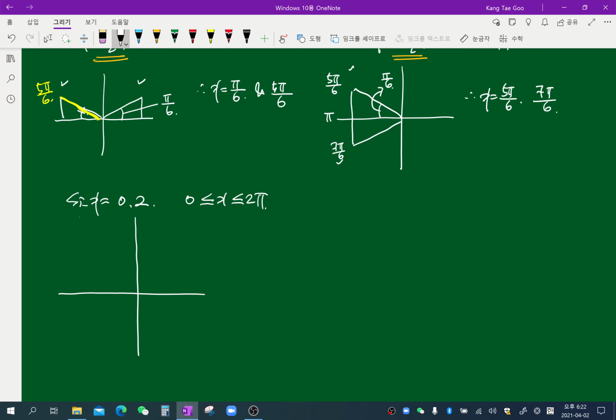Again, sine is positive. Those angles are in Q1 and Q2, so that we can draw two triangles like this. And then we can calculate this angle by the inverse trigonometric function. We call this a reference angle.